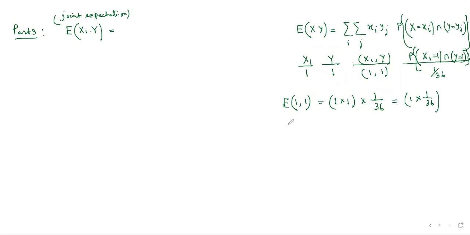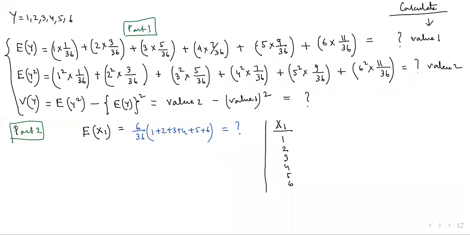Now suppose you are going to calculate the expectation of 1, 2. Now x1 is 1 and y is 2. So in this particular case, we first of all will multiply 1 by 2. That is for sure, because of this rule. We are going to multiply 1 by 2. And we need to consider the joint probability when x1 is 1 and y equal to 2.